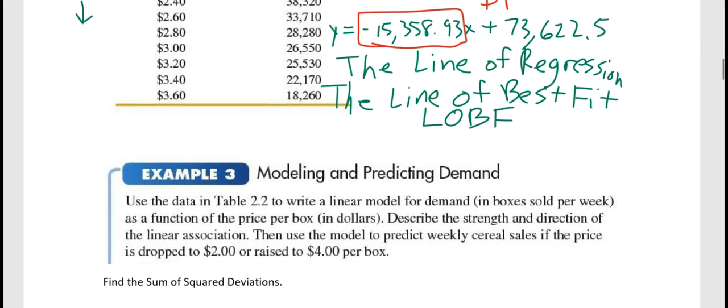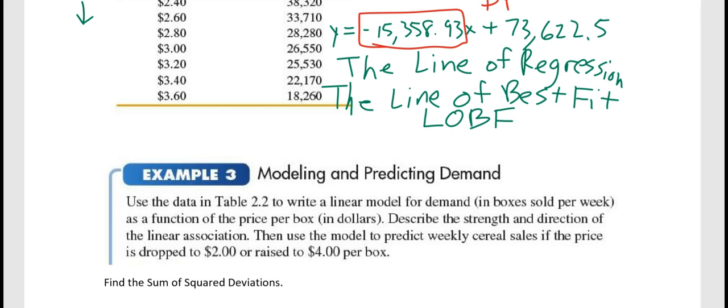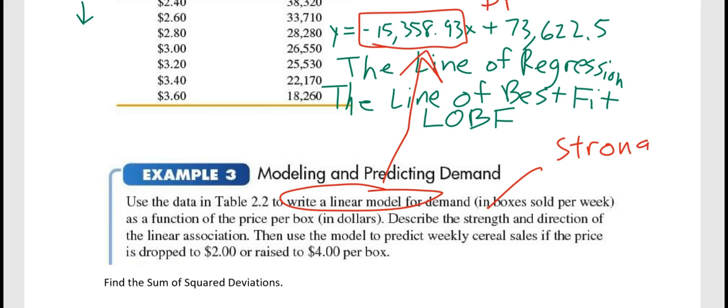Okay, so we wrote the linear model, right? We got that part. Describe the strength. We said that was strong negative. In fact, we found out that the R value was negative 0.98, which is pretty good.